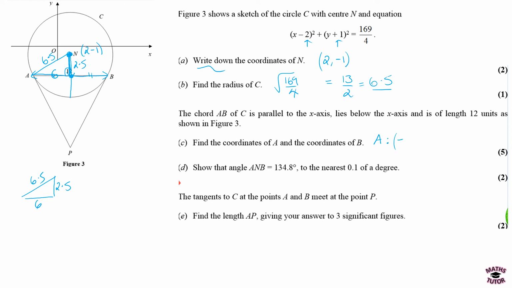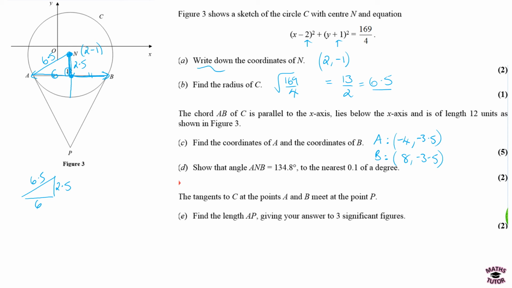That's going to be minus 4, and I'm already at minus 1.5 down. I need to go down another 2.5, so that's going to be minus 4. And B is going to be at, from 2 going 6 this way is going to be 8, and that's also minus 4 down.